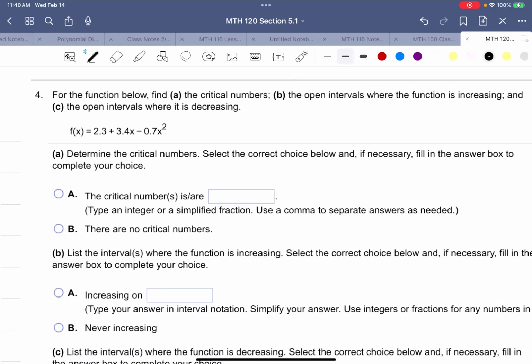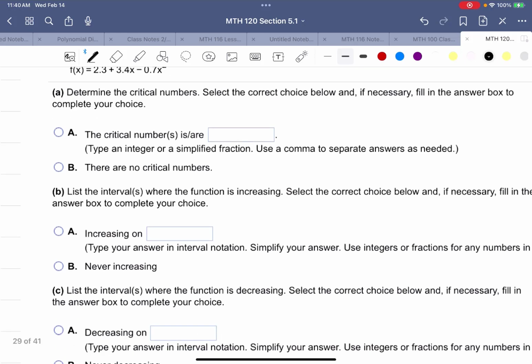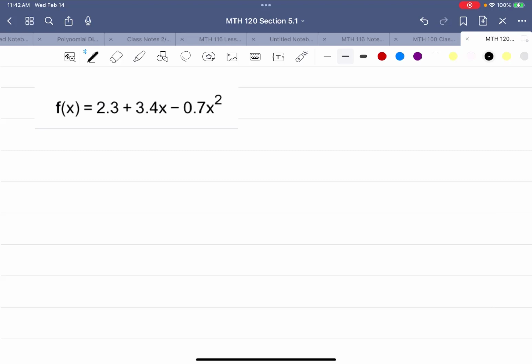So when we're given the equation, that's why we need to use the derivative. I don't have a picture of this, and even if I had the graph, the values could occur at decimal values, which are impossible to read from the graph. So we need to do it algebraically. So my function f of x is 2.3 plus 3.4x minus 0.7x squared.